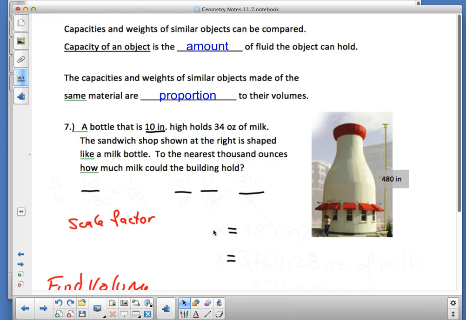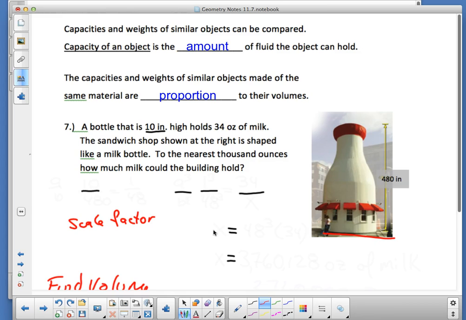A bottle that is 10 inches high holds 34 ounces of milk. Okay, that's information. The sandwich shop shown at the right, that's this little picture over here, is shaped like a milk bottle. To the nearest 1,000 ounces, how much milk could the building hold?